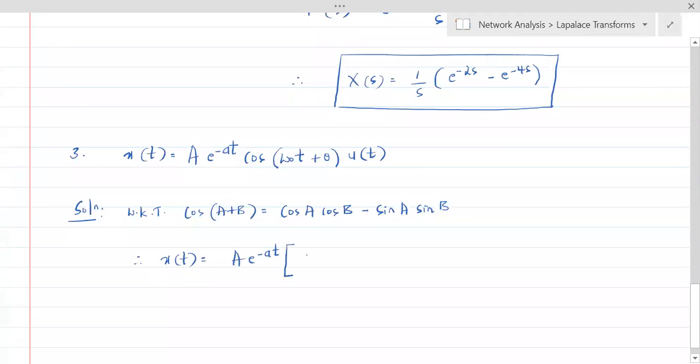In the bracket, let's bring in this cos A plus B form, that is cos omega naught t cos theta minus sin omega naught t into sin theta. Then you have u of t here.